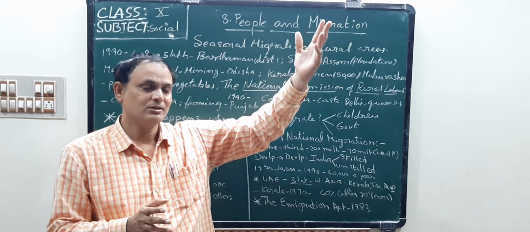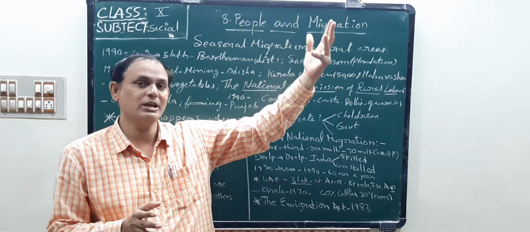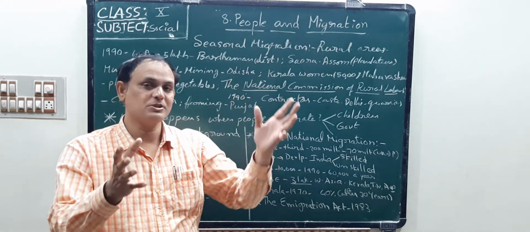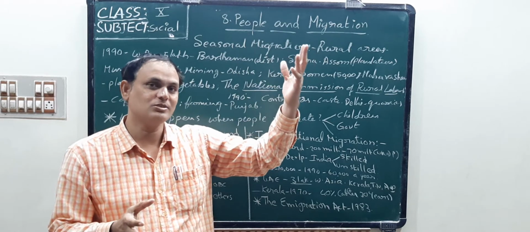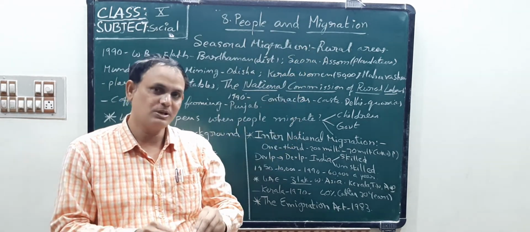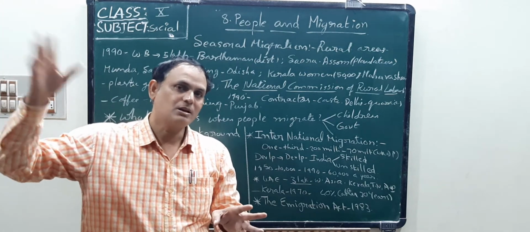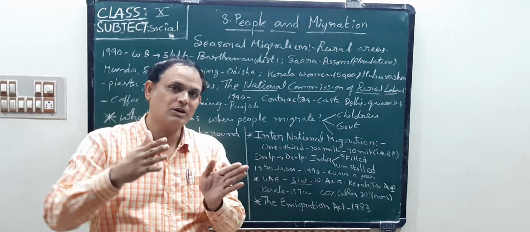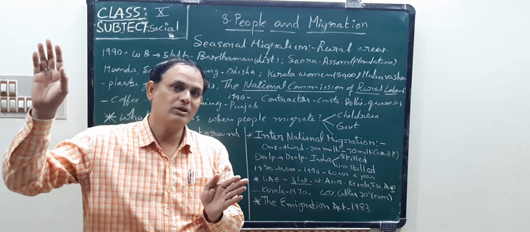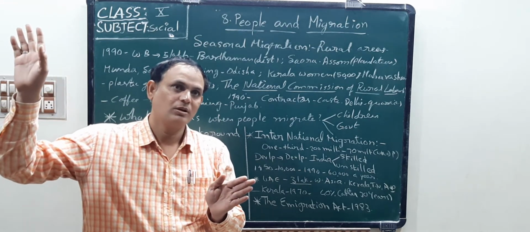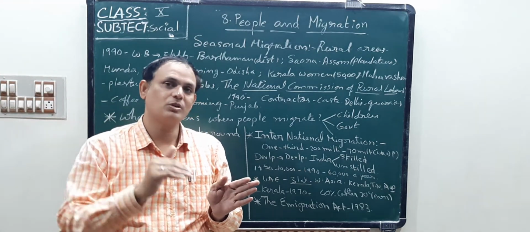Okay, children, why are they going to these countries? Because the job opportunities are there in the other country. So that is why they leave our country and settle in another country. Some people move with one agreement, and after finishing the work they return again to our country.